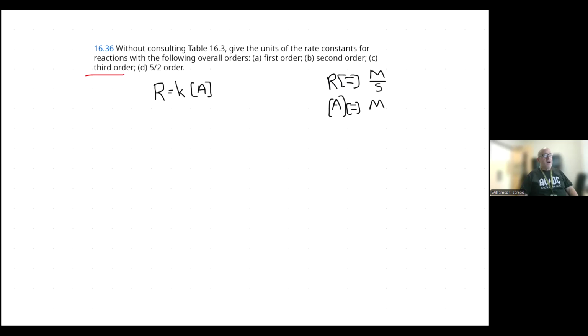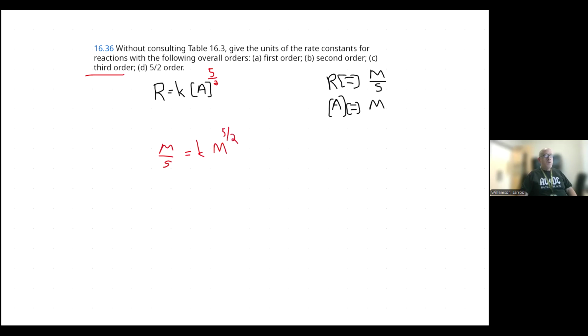So here it says 5/2 order. That's 5/2 order. You're going to have molarity per second equals K molarity to the 5/2.